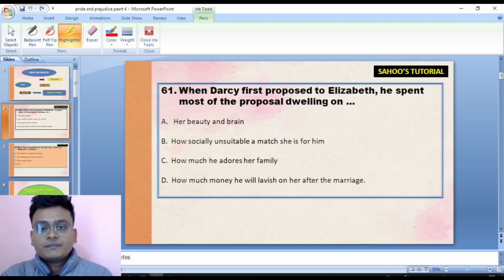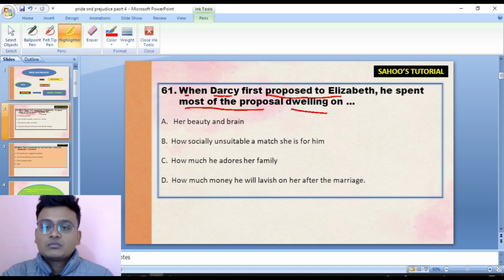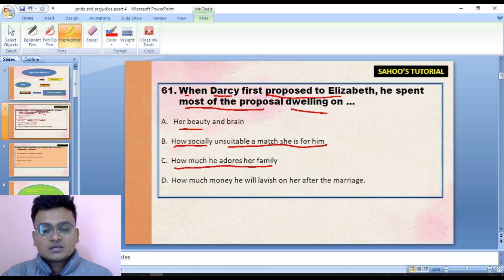So the first question: when Darcy first proposed to Elizabeth, he spent most of the proposal dwelling on what? The options are: A, her beauty and brain; B, how socially unsuitable a match she is for him; C, how much he adores her family; D, how much money he will lavish on her after the marriage.